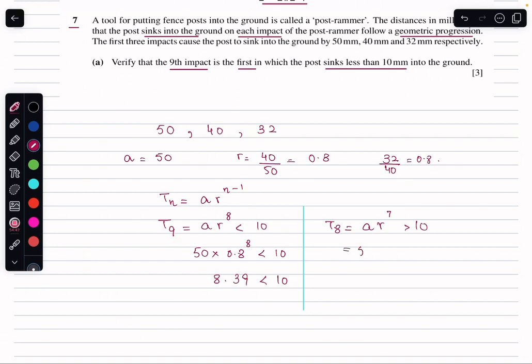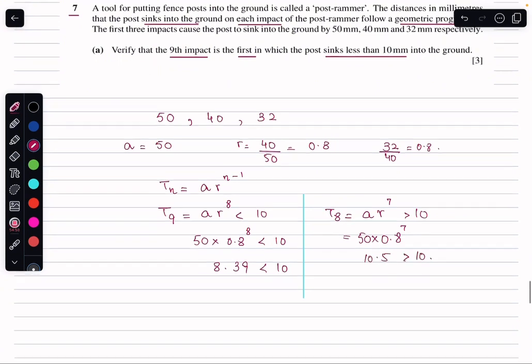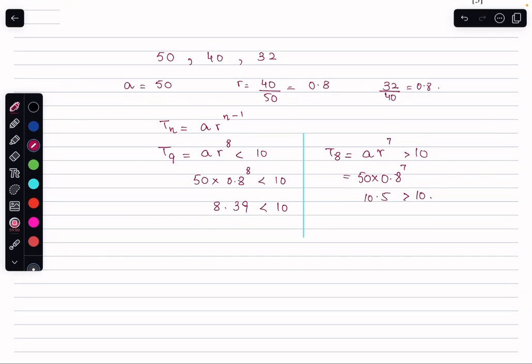So this is 50 into 0.8 to the power 7, and this answer comes out to be 10.5, which is greater than 10. Therefore, it's verified that the ninth term is the first impact where the post sinks less than 10 millimeters inside the ground.